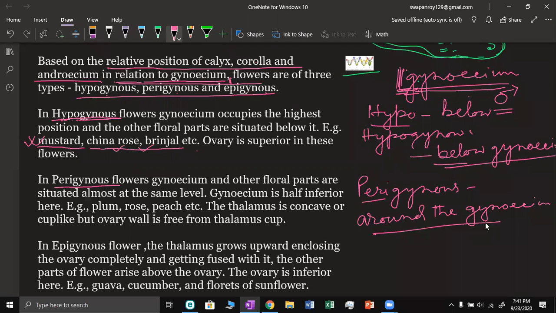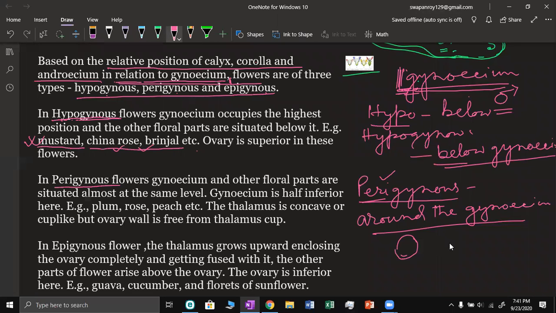So a perigynous flower is where the other floral parts are around the gynoecium. Here the levels of the calyx, corolla and androecium are at par with the gynoecium.